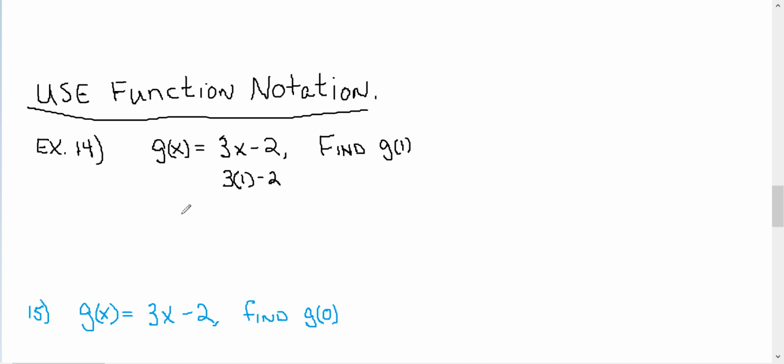So g of x equals 1. And therefore, you can call this g of x, or you can call it y now. Y equals 1.